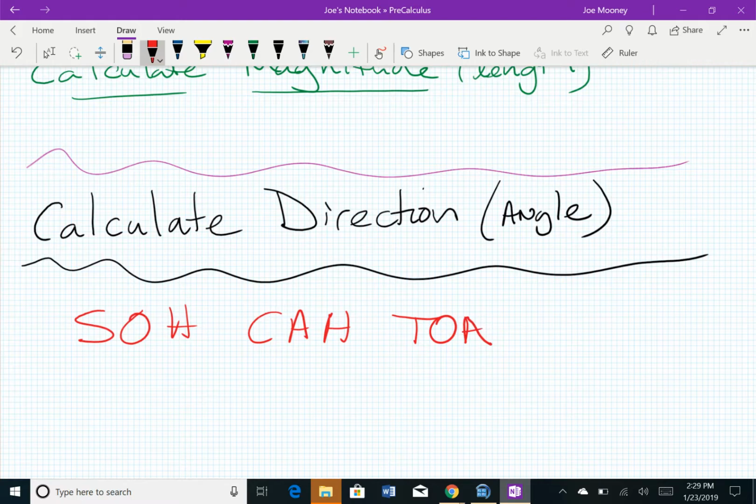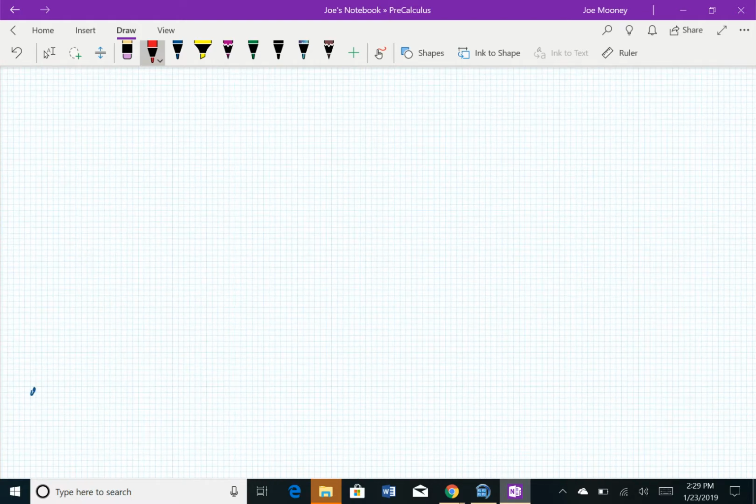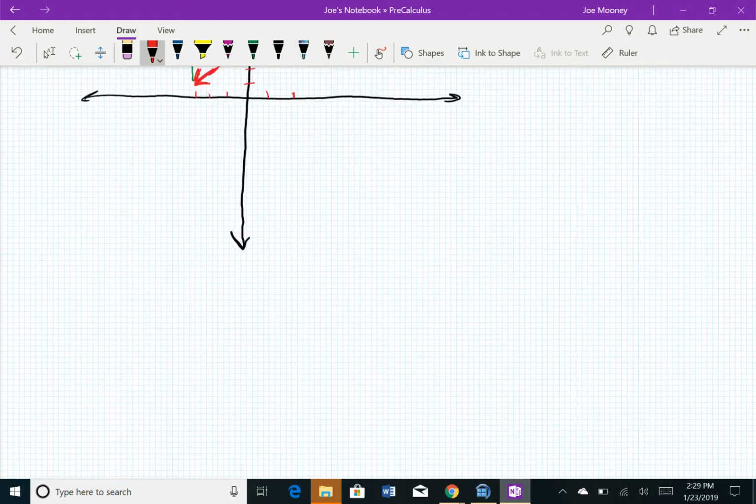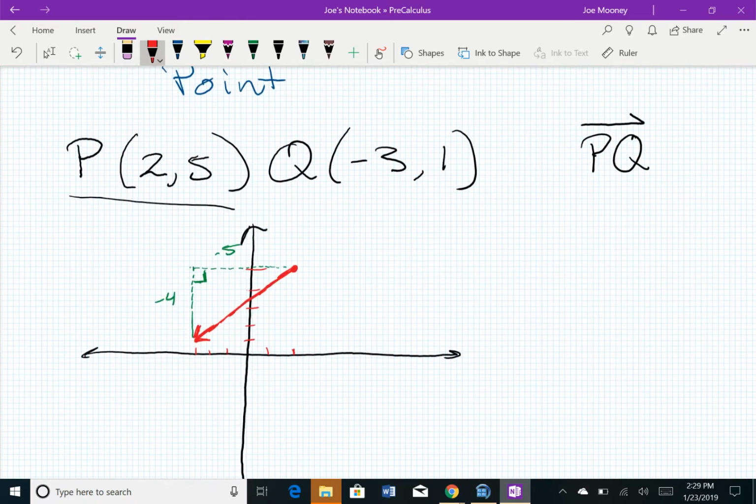And if I have, let's go up to my original statements. Okay, here. So if I have a left 5 and down 4, I know that the tangent of theta is -4 over -5.